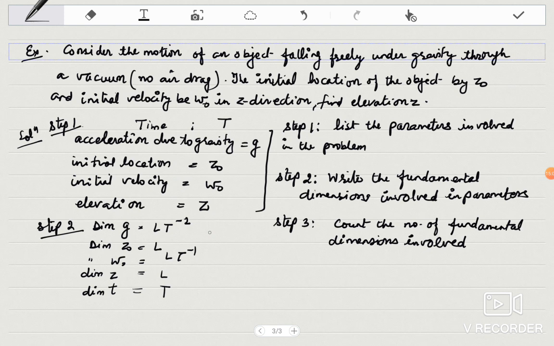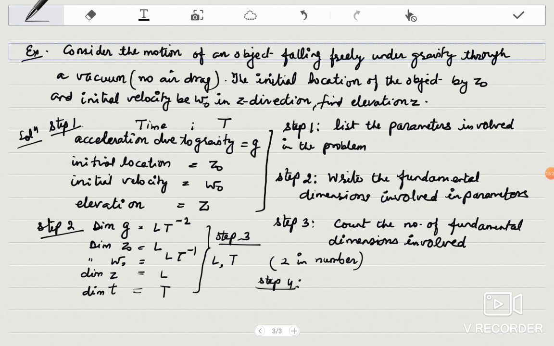So what are the fundamental dimensions over here? These are L and T. So this is step 3, that you have calculated the number of fundamental dimensions. These are length and time. So these are 2 in number. Our m becomes 2.